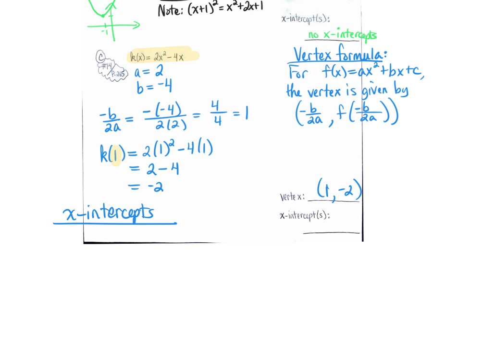How can you find out? Graph the point, your vertex. If you graph your vertex, what quadrant are you in? Quadrant 4.